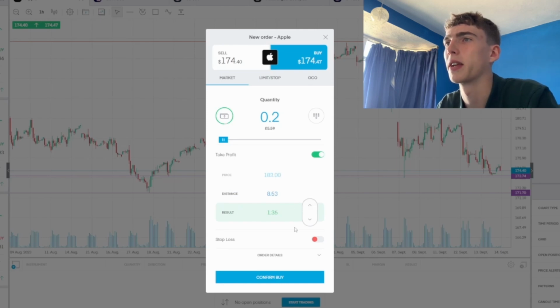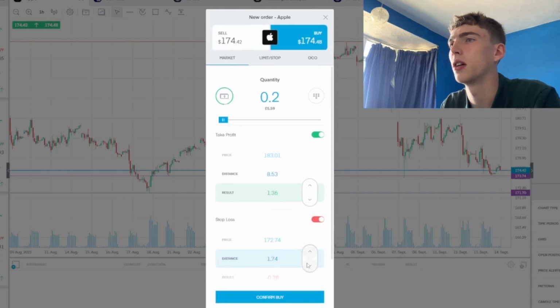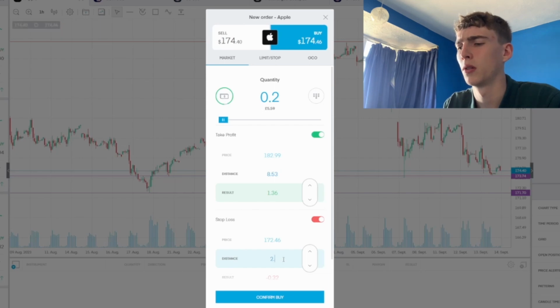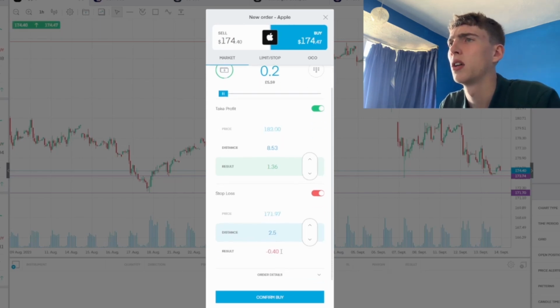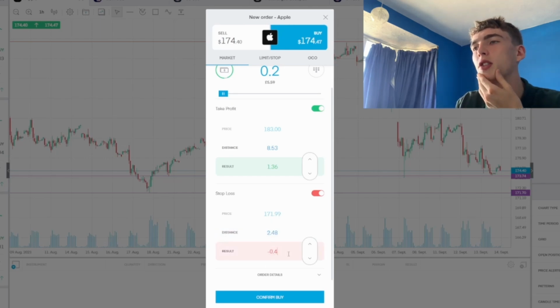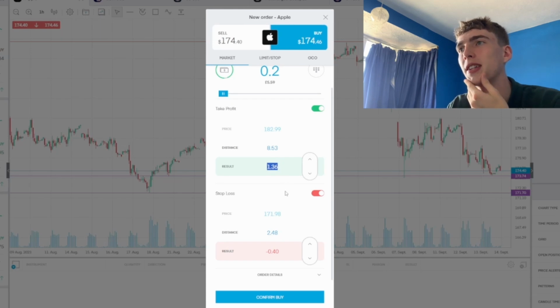Let's set it at 183 because we can get to that dead on. So that's a £1.36 increase. Now our stop loss, I think I wanted to set it at no more than 172. So what if we say 2.5? That's more or less right. So here we're looking at potentially 40 pence lost and £1.36 gained.